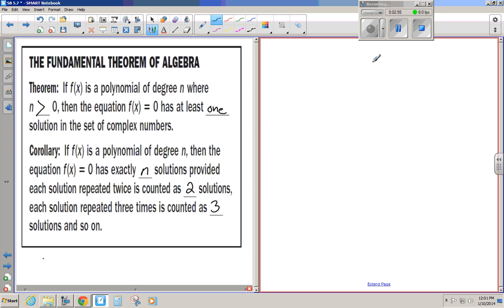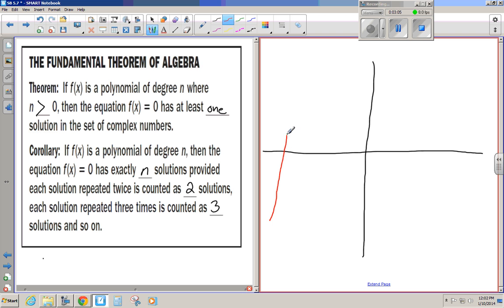Okay, I'd really like you to try to draw this graph. I'm going to show you some things here. Hold on, sorry.